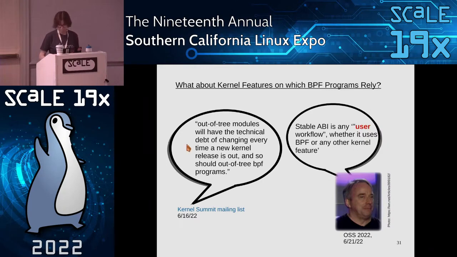So this would be putting BPF scripts for the first time on the same footing as the scripts used by GDB. But it would be a little bit of a change in the way the kernel is handling BPF.